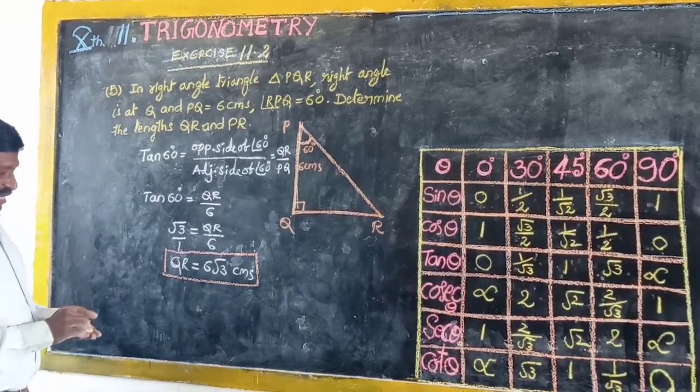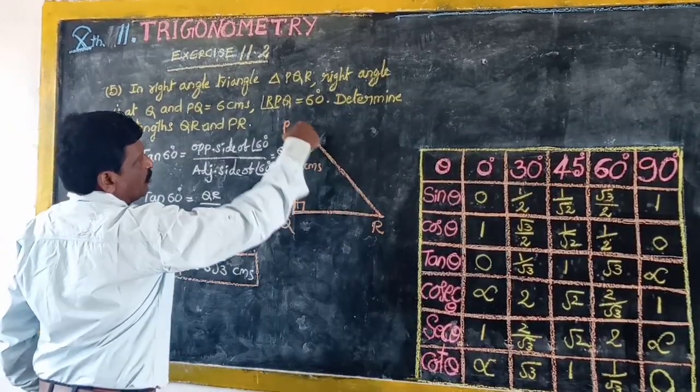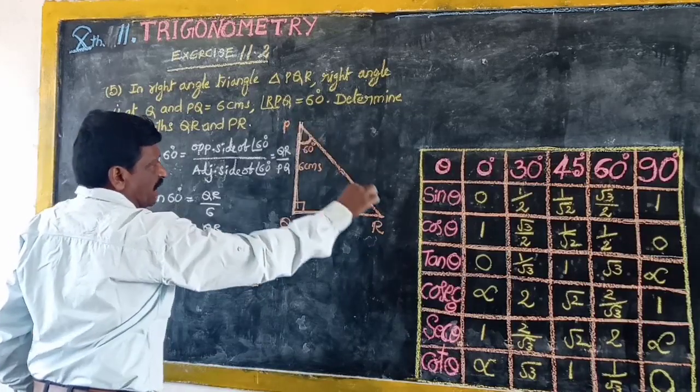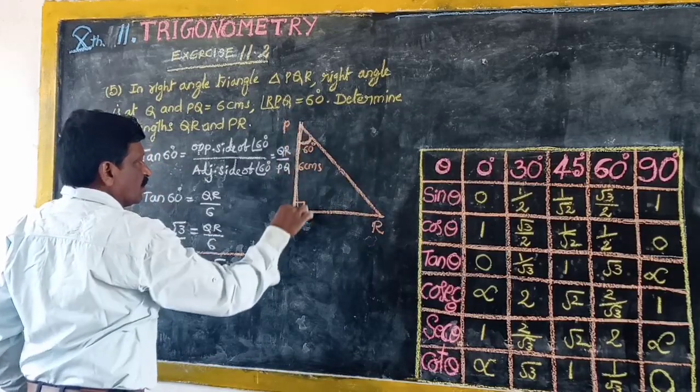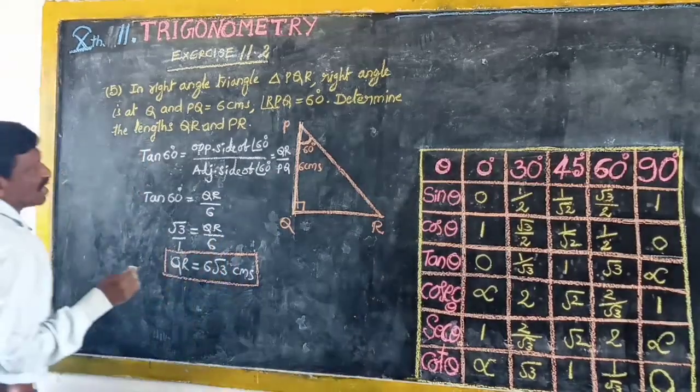This is the value. Next, we want PR. PR is the hypotenuse and PQ is the adjacent side, so hypotenuse and adjacent side means cos 60.